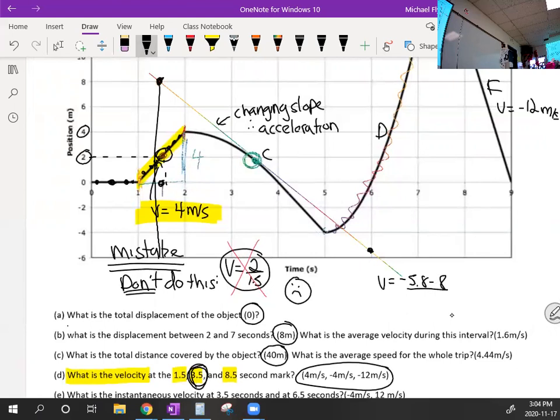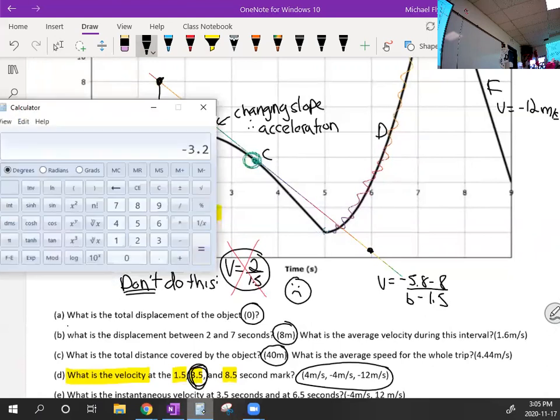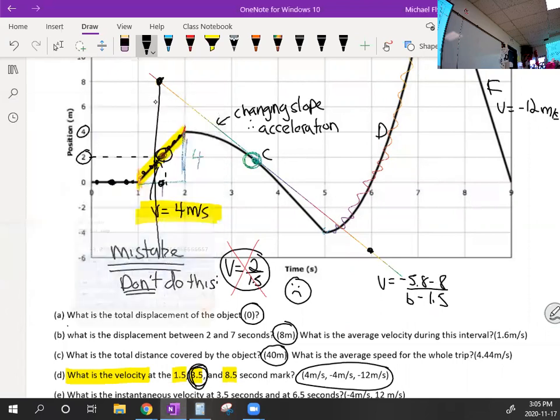And my run is from 1.5 seconds to 6 seconds, so it's 6 minus 1.5. Now, if I take out my calculator and go negative 5.8 minus 8 equals, and then divided by bracket 6 minus 1.5, close the bracket, equals, I get negative 3.1.